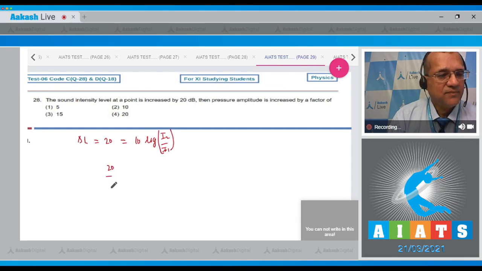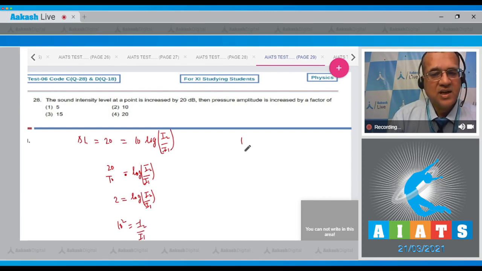So 20 by 10 is equal to log of I2 by I1. Removing the log base 10 on both sides, 10 power 2 is equal to I2 by I1. So I2 by I1 is equal to 100.